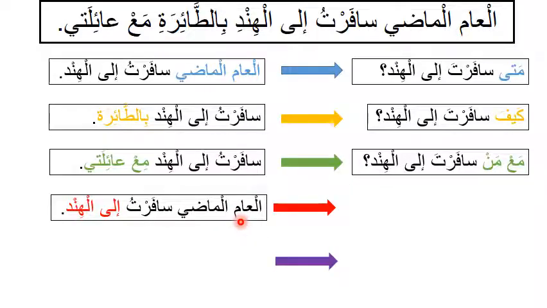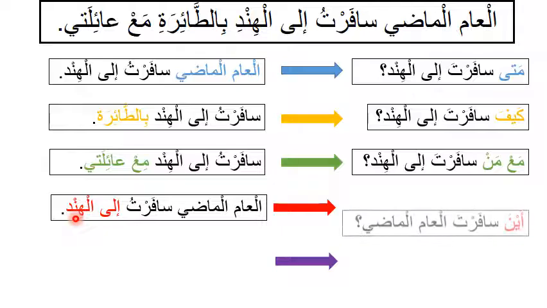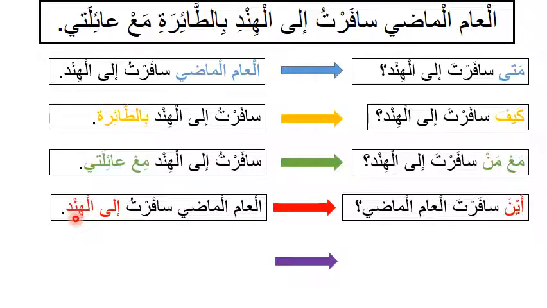One more part of the sentence. العام الماضي. سافرت إلى الهند. If I'm going to ask about الهند, India, I'm going to say أين سافرت العام الماضي? Where did you travel last year?